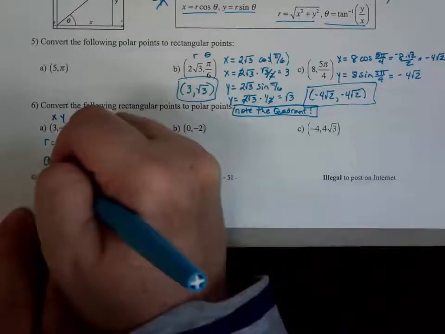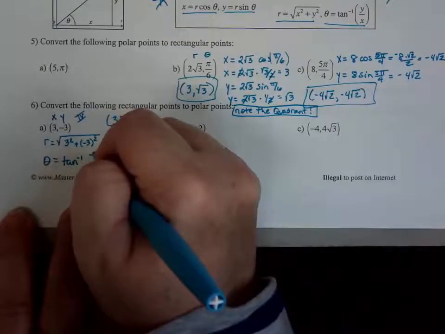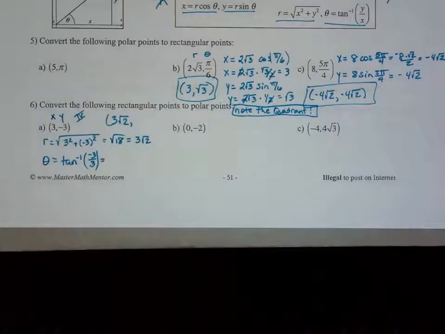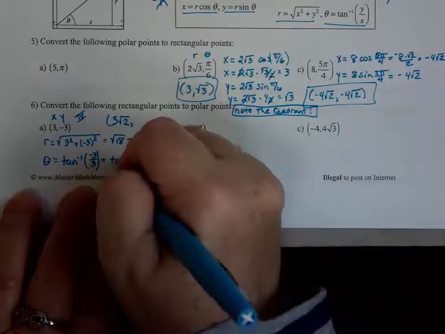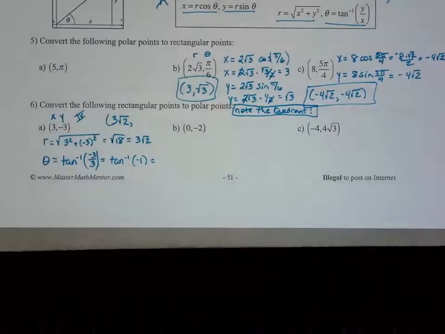So theta is tangent inverse of y over x. Negative 3 over 3. So that is tangent inverse of negative 1. Okay. In quadrant 4, what is the angle that has a tangent of negative 1?